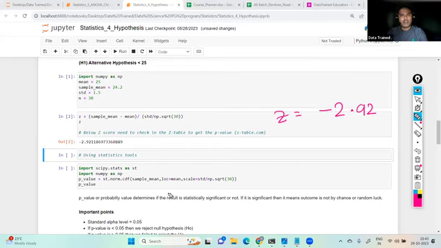Now the question is, how does this number determine whether the car rental company should buy or should not buy the cars? For that, we are going to head towards the Z table. You can check it on Google, z-table.com. You will get this table.